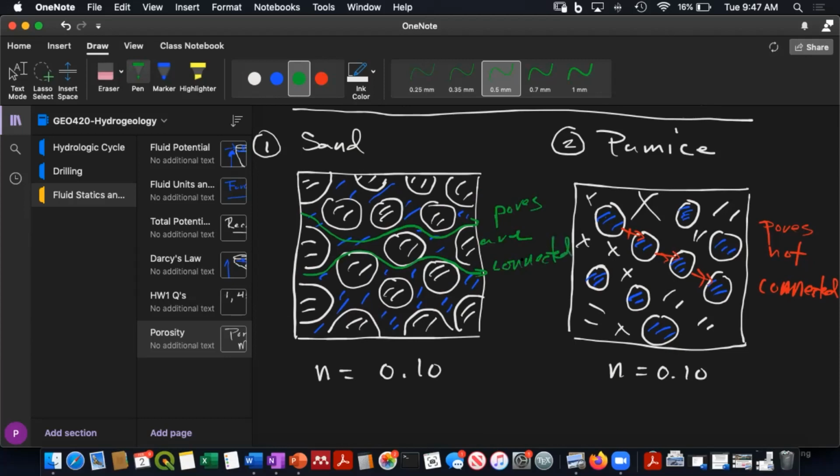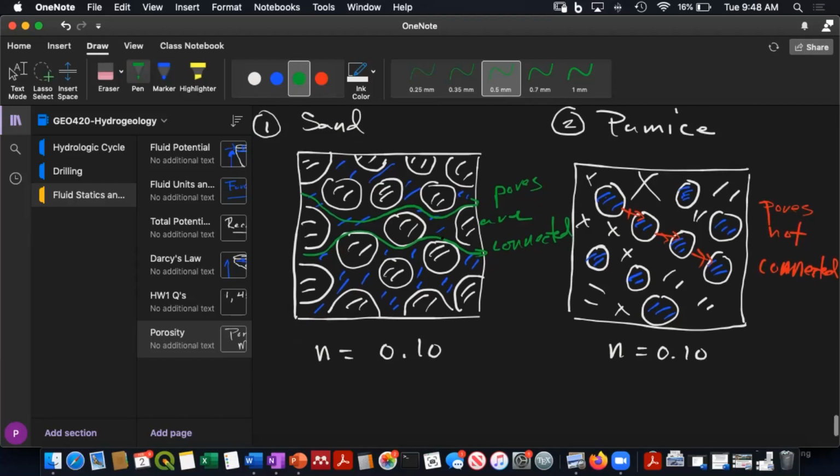They're connected. So I could pump on one location in this porous media and water would be able to move through the porous media to my pump. So rocks can have the same porosity, but they don't behave the same.